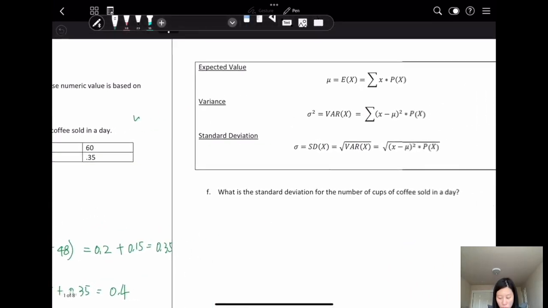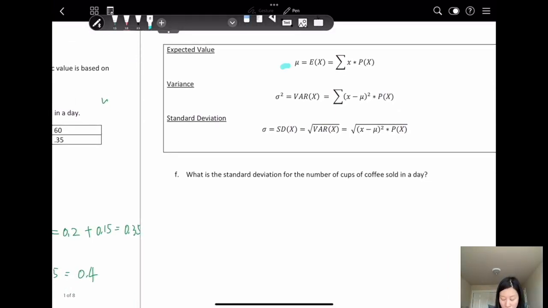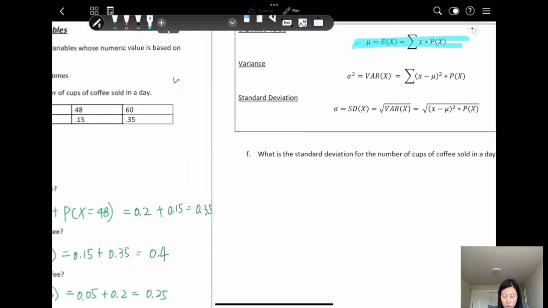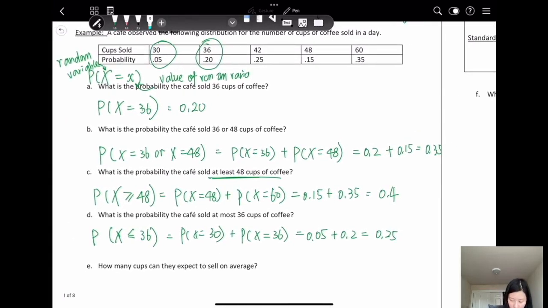So here is the formula. The expectation value, or mean, also called E of X, is equal to the sum of x times the probability of the random variable. So how to do it? Let me be more specific.